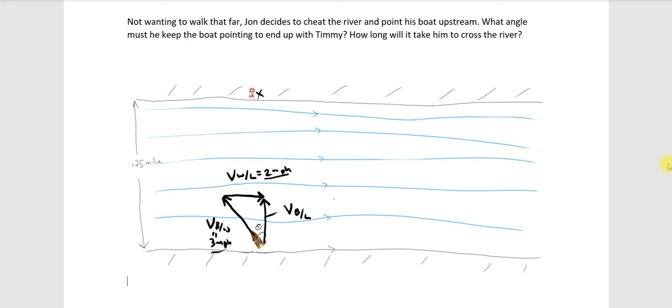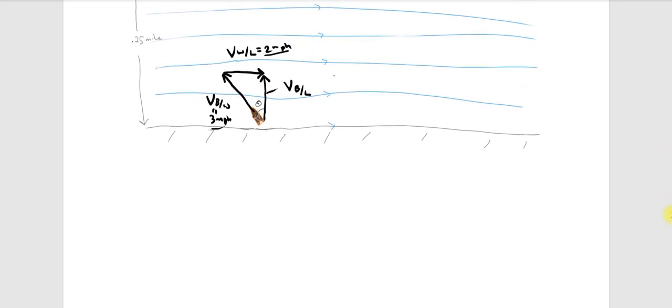So let's write out that the sine of the angle theta is equal to 2/3, and we can solve that for theta easy enough. I got about 41.8 degrees. Let's say about 42 degrees. So he's going to need to cheat that river fairly considerably on that angle to end up going directly across.